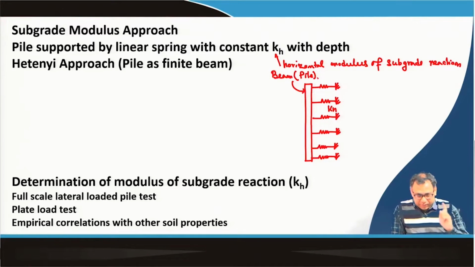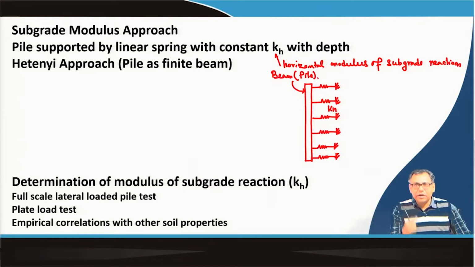In the first case, we will assume the pile as a finite beam. As I have already discussed, there can be a short pile and there can be a long pile. For a short pile you have to go for the finite beam, but for a long pile we can go for the semi-infinite beam.